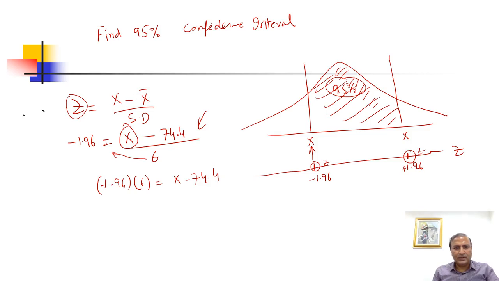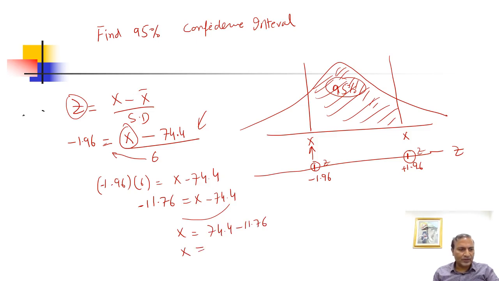If I do the calculation, I have to use the calculator. 1.96 into 6 is 11.76, equal to x minus 74.4. Now I bring this on this side. So x will be equal to 74.4 minus 11.76.